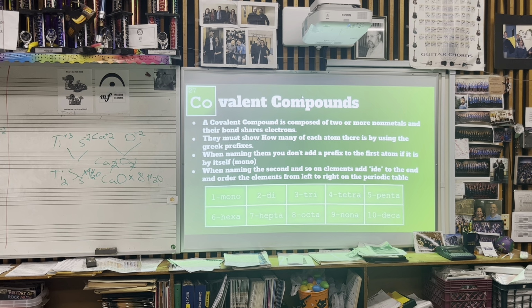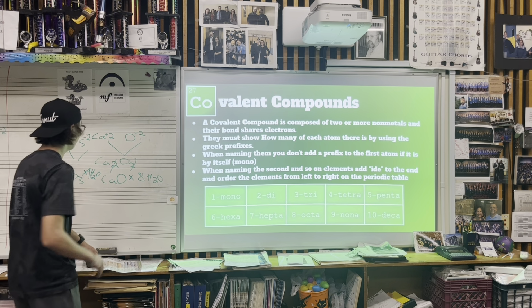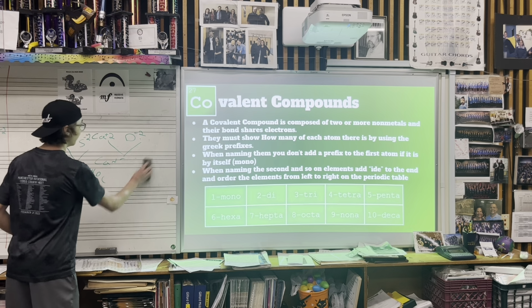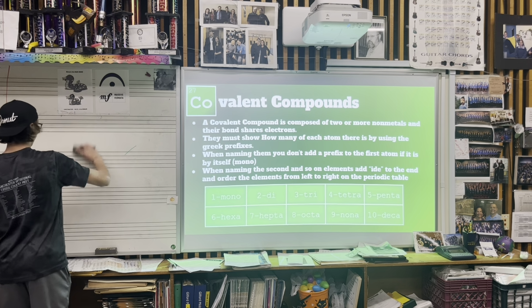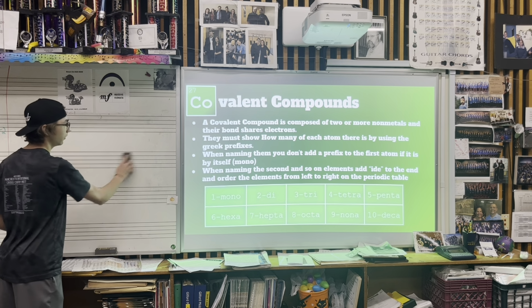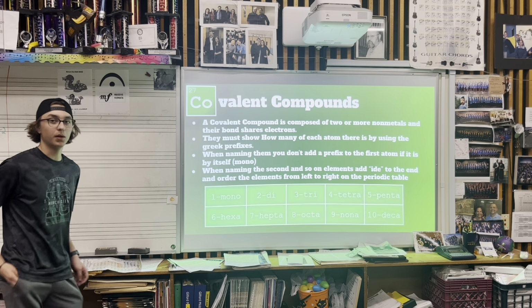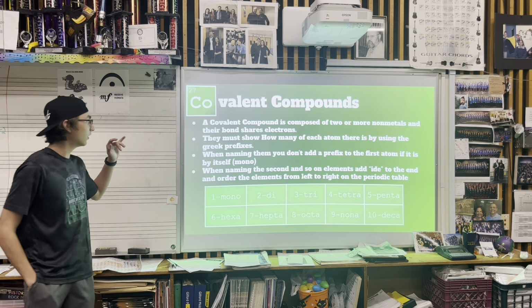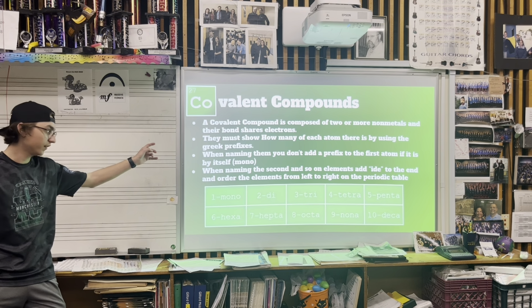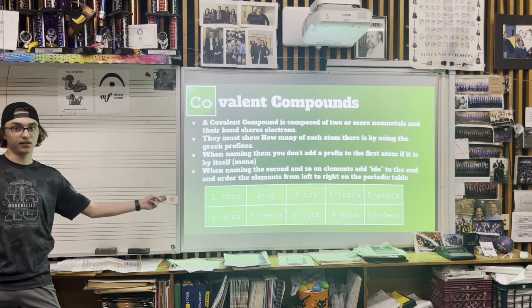All right, covalent compounds. All right, so a covalent compound is composed of 2 or more nonmetals, and their bond shares electrons. So they also have Greek prefixes, and they're the exact same ones as the hydrates.